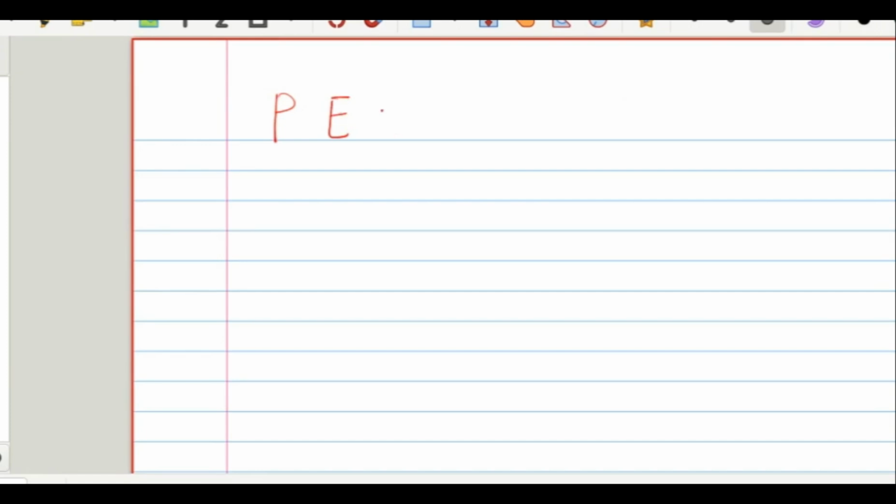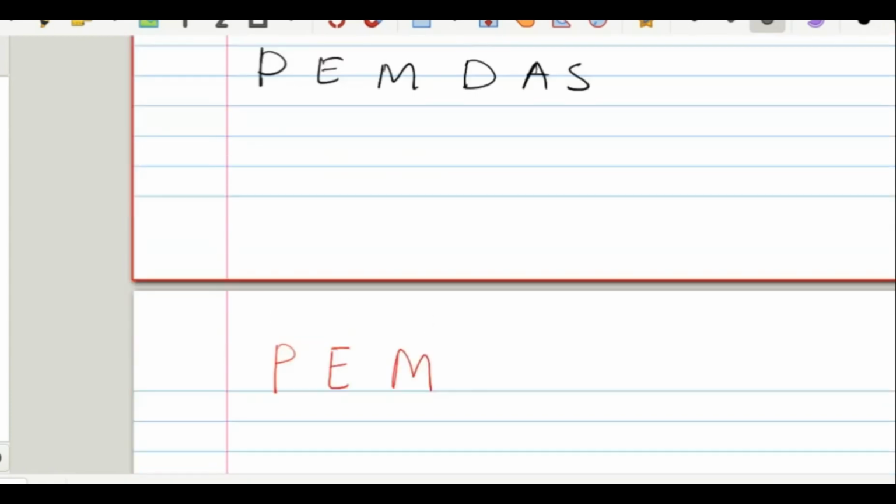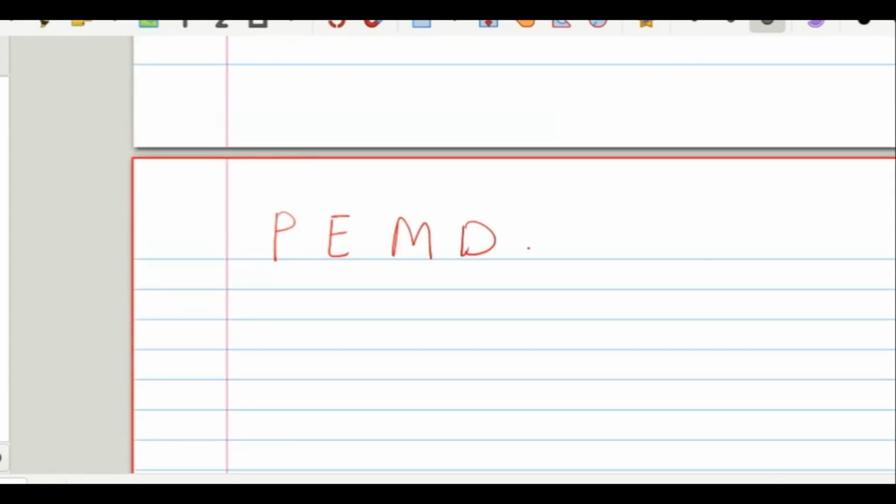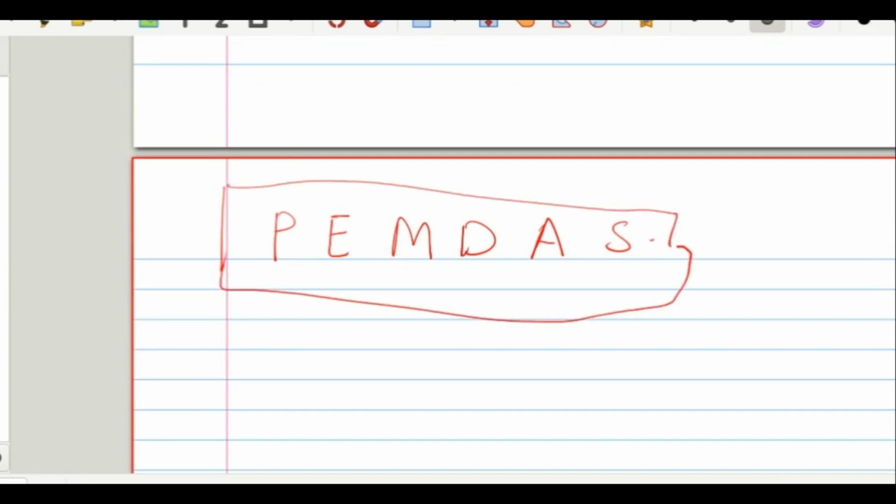Third is multiplication. Fourth is division. Fifth is addition, and sixth is subtraction. This is a very generic and very important rule, which is applicable everywhere in mathematics. Wherever you do a calculation, you will follow this sequence.